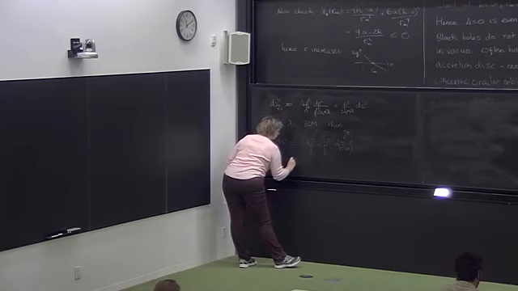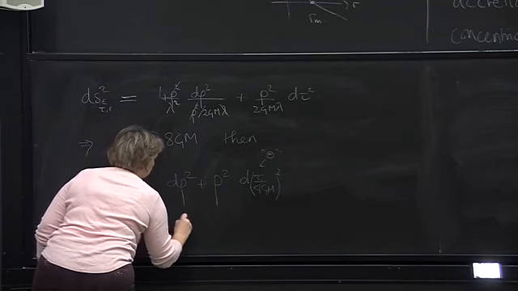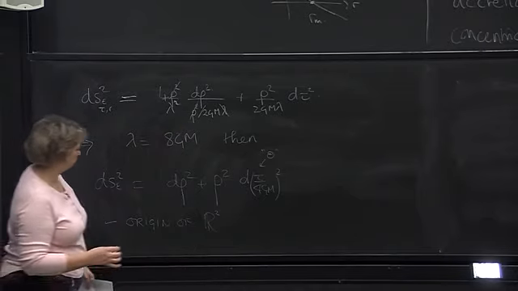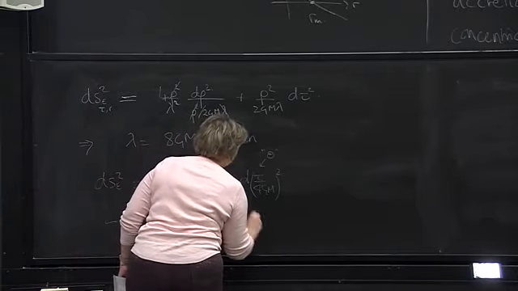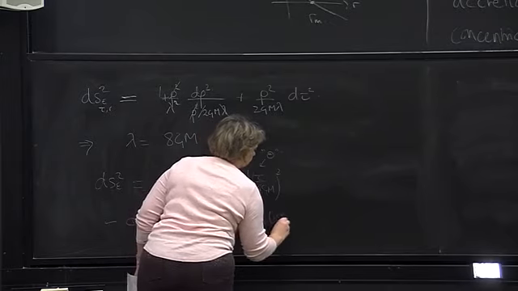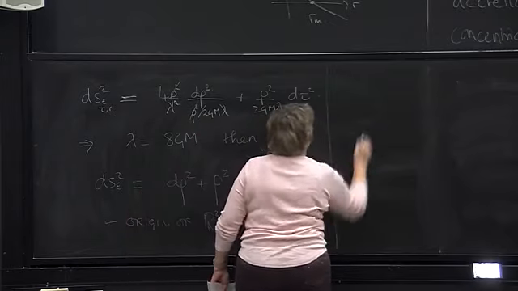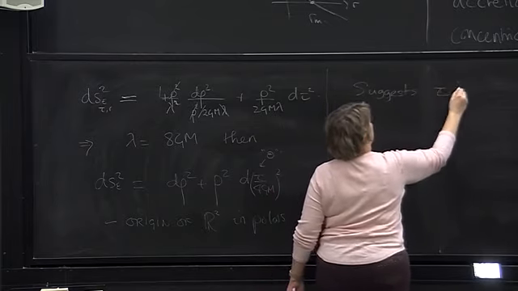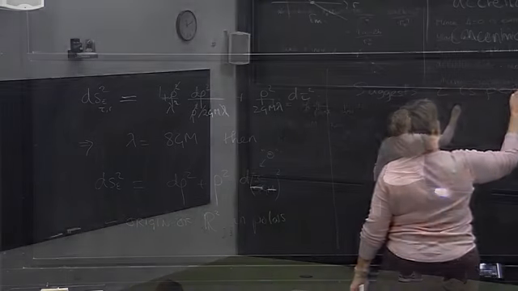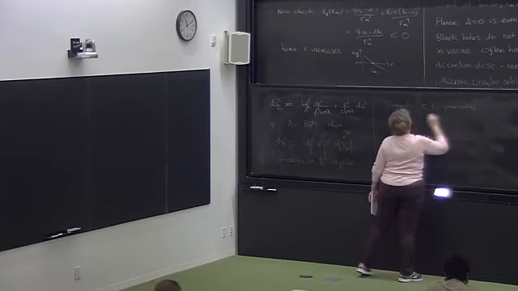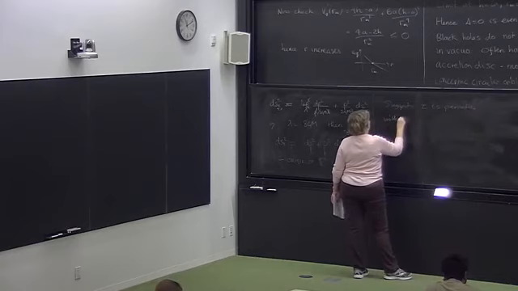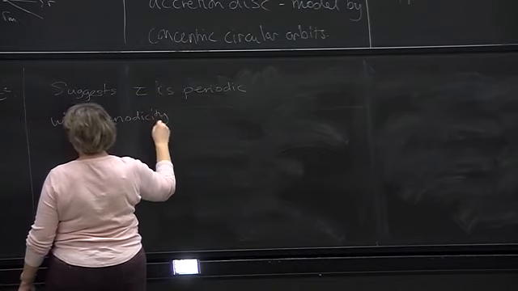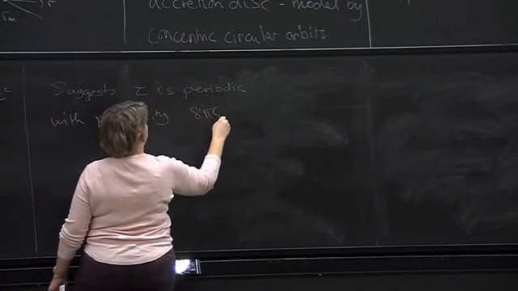So this looks like the origin of the real plane in polars, and it suggests that tau is periodic with periodicity 8 pi GM.